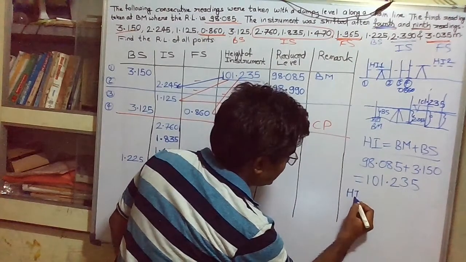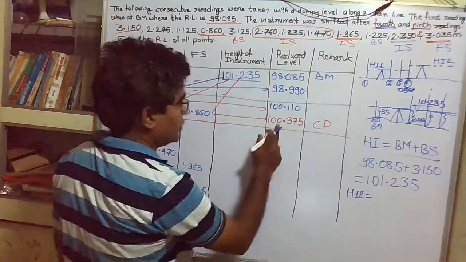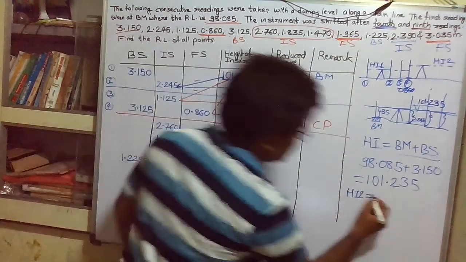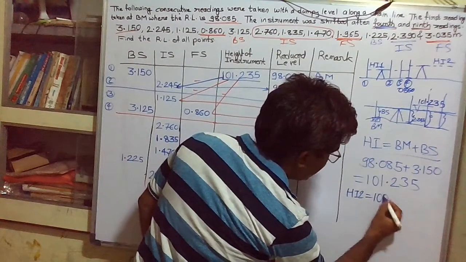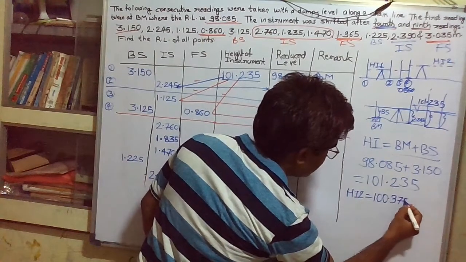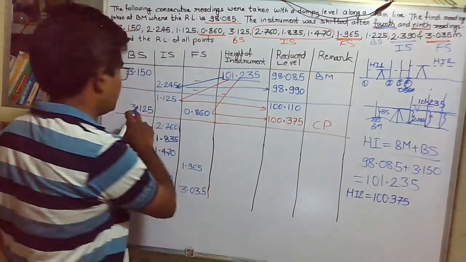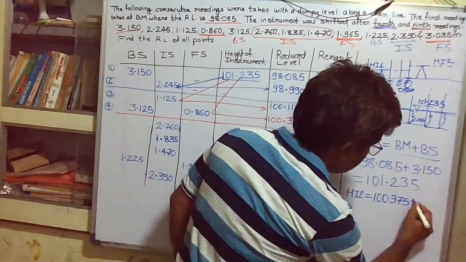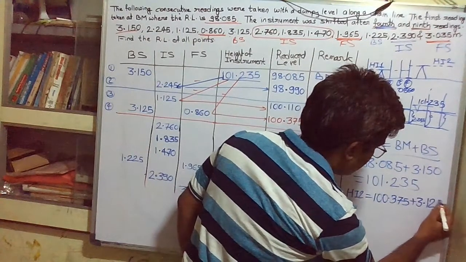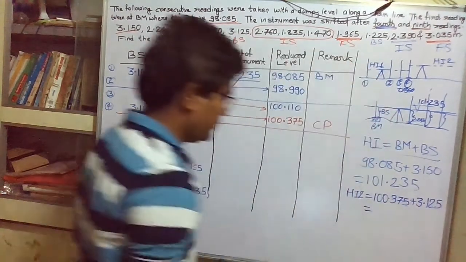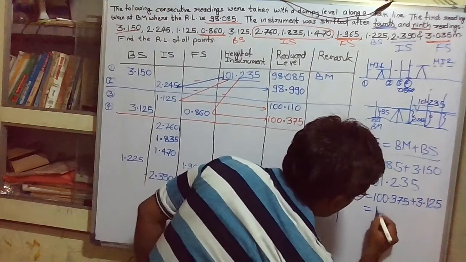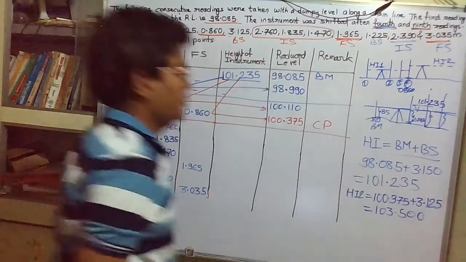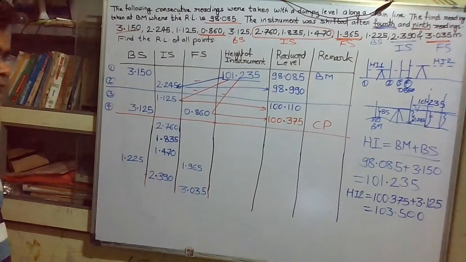We can say that HI2 is equal to, what is our benchmark now, that is the point of known RL, 100.375 plus 3.125, and that comes to be 103.500.